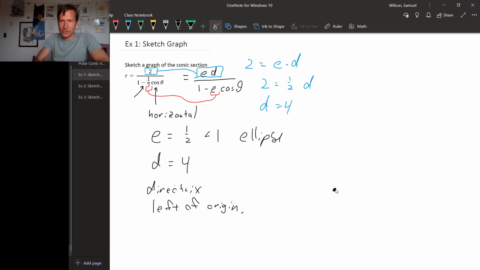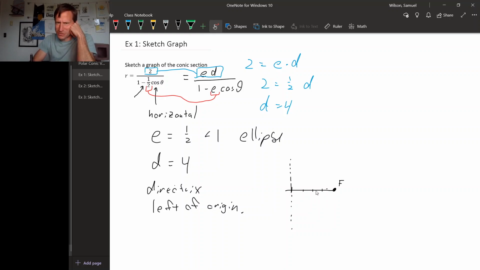So here's our one focus of the ellipse, and our directrix is 1, 2, 3, 4 units to the left of the focus. The eccentricity is 1/2, so that means the distance to the focus is 1/2 of the distance to the directrix.